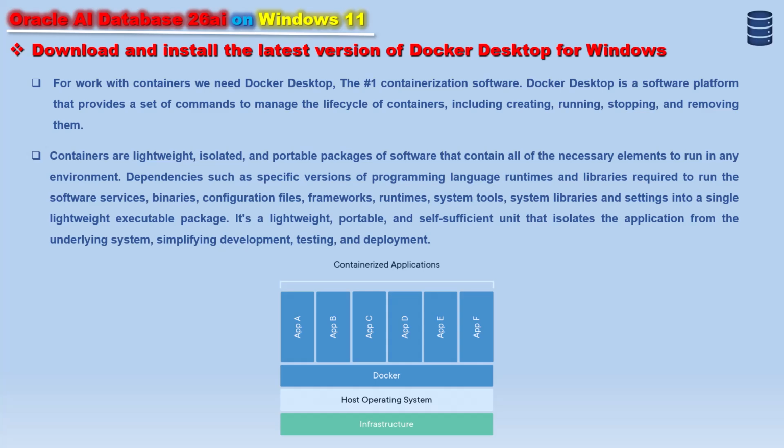Dependencies such as specific versions of programming language runtimes and libraries required to run the software services, binaries, configuration files, frameworks, runtimes, system tools, system libraries, and settings are packed into a single lightweight executable package. It's a lightweight, portable, and self-sufficient unit that isolates the application from the underlying system, simplifying development, testing, and deployment.